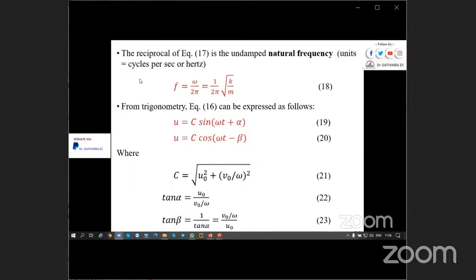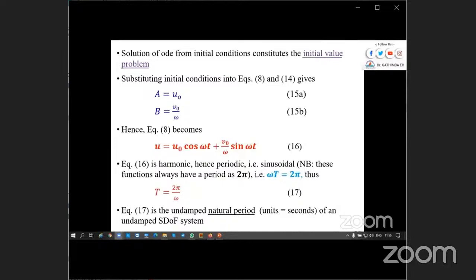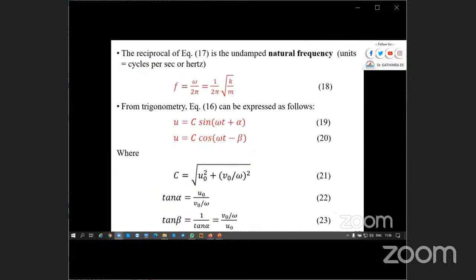So with that, we have obtained the period. The reciprocal of the period is what we call the natural frequency: 1 over T is equal to f. That is from physics, so the reciprocal of 17 is the natural frequency.